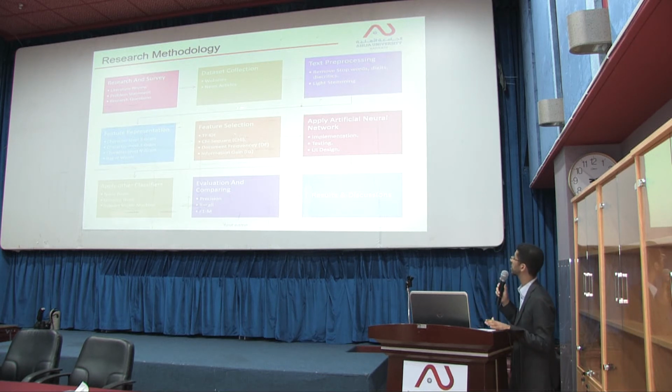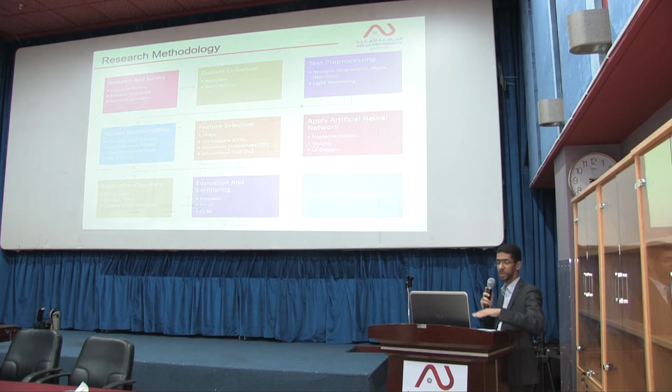In this slide, this is the methodology, or the phases, that I will do in my research. First, the research and survey, and data collection using current websites and existing news articles. Second step is text processing, for example removing stopwords, Arabic digits, and diacritics, using light stemming or root stemming.